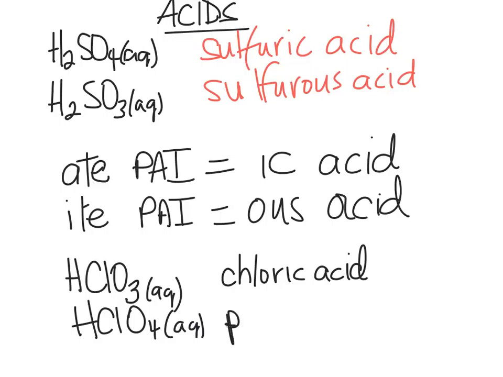Yeah, it's perchloric acid. Don't acids usually have hydro in them? When we do polyatomic ions and acids from those polyatomic ions, we're getting into ous and ic, okay?